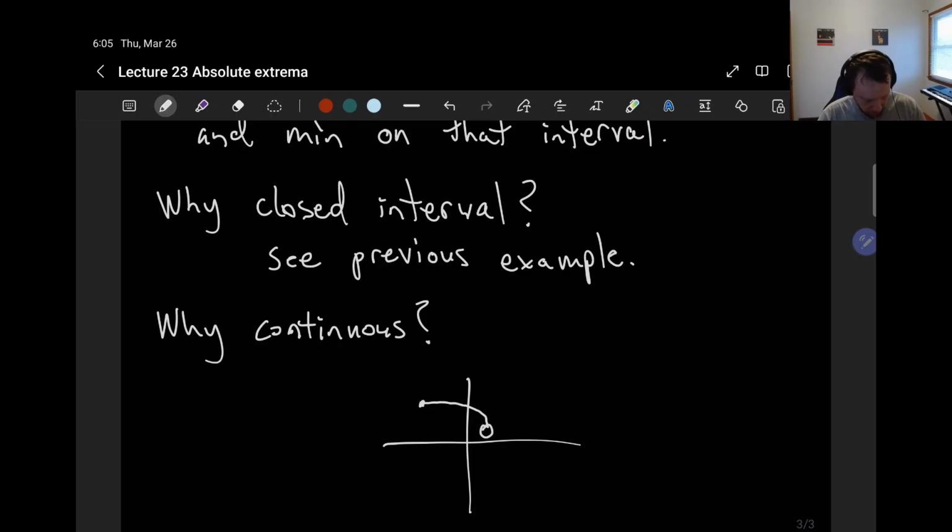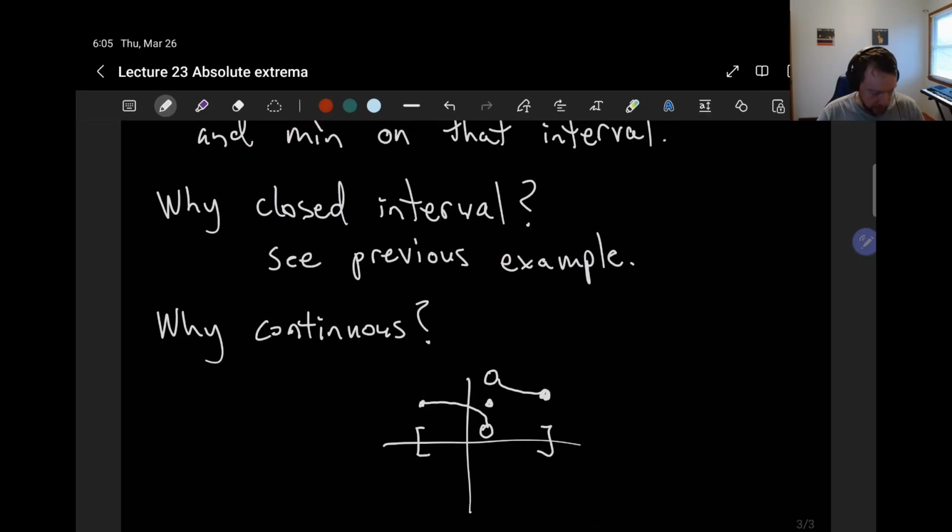Not being too particular about my points here, but we could have something like this. We're defined on a closed interval, right? These are all supposed to line up, by the way, same x value. So we're defined on that entire interval because I've got this point right here filled in where we were missing.